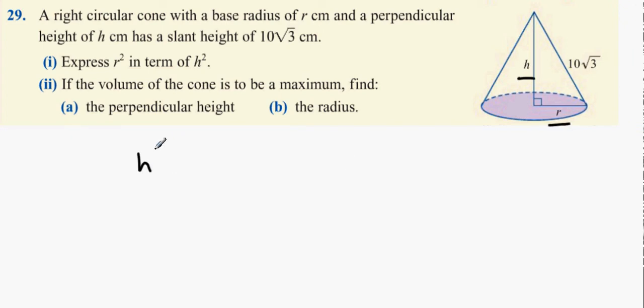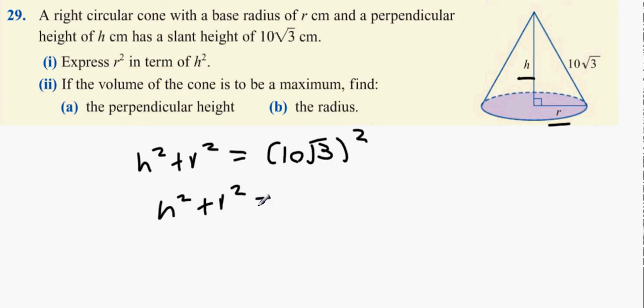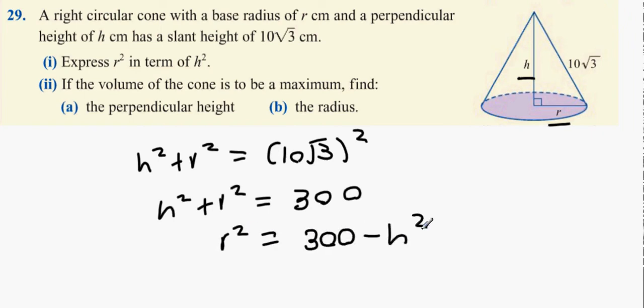We say that h squared plus r squared equals the slant height squared, which gives h squared plus r squared equals 100 times 3, which is 300. Therefore r squared equals 300 minus h squared.